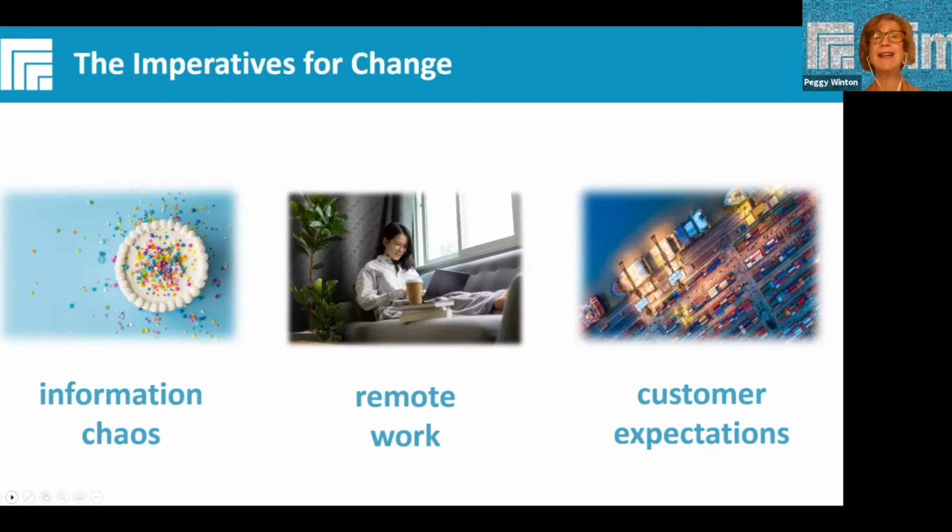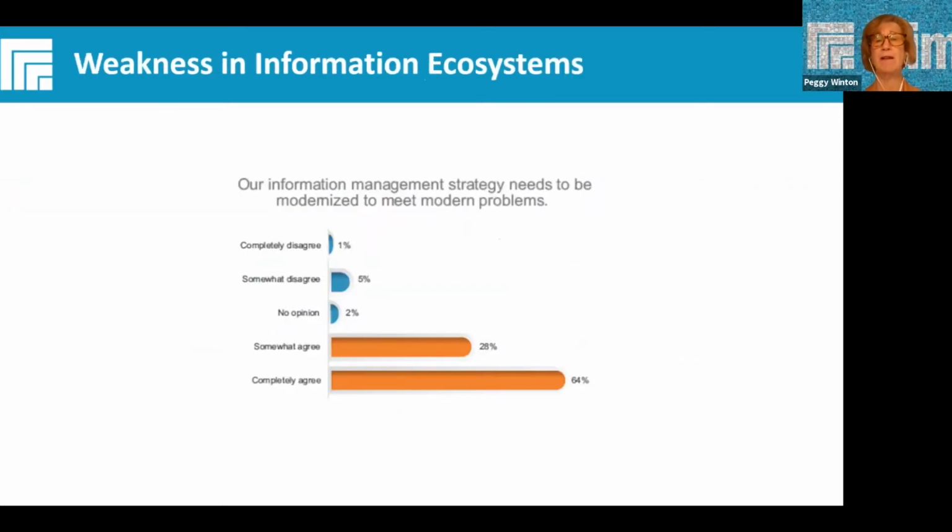So I think the collective impact of these 3 factors is a rising recognition of the weak points in information strategy. We've talked a lot about that recently, but today we're going to talk about weakness in information management ecosystems. What are the things that are supporting what we're trying to do or should be supporting that?